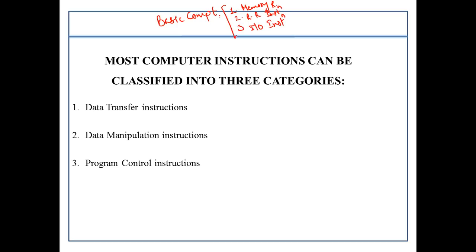I have a detailed lecture on this particular topic as well, and in the description I will also provide the link if you haven't watched that. My point is why I am providing you this information: you might get confused because this topic is almost the same, that most of the computer instructions can be classified into three categories.